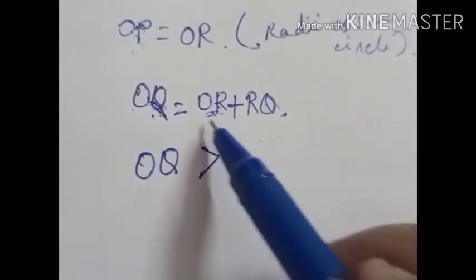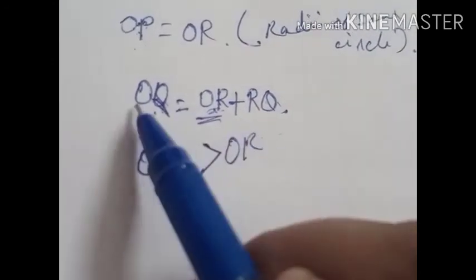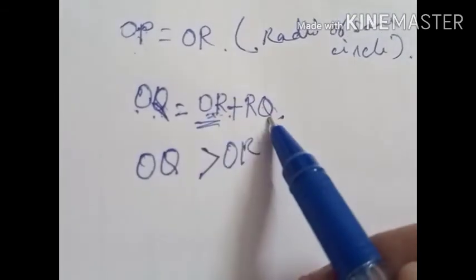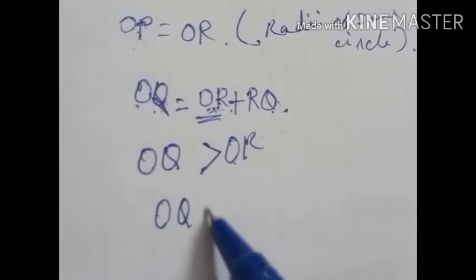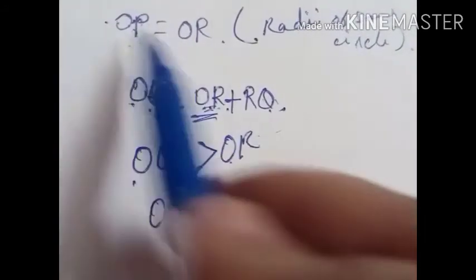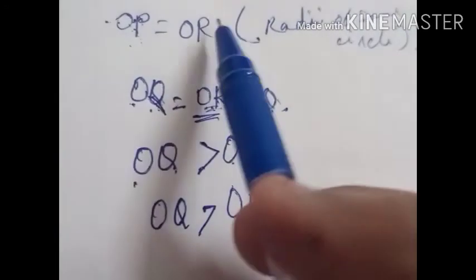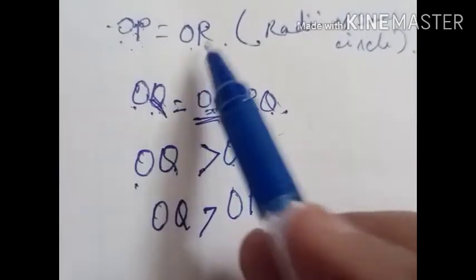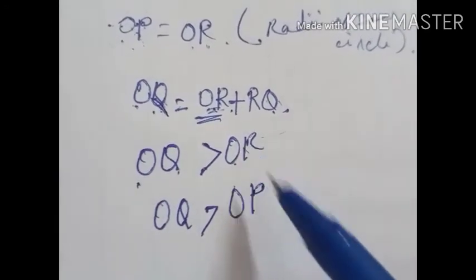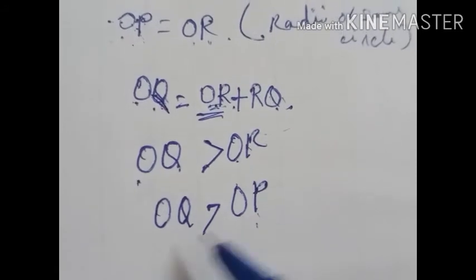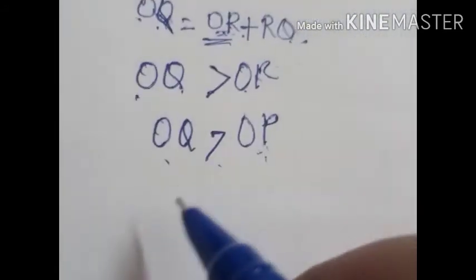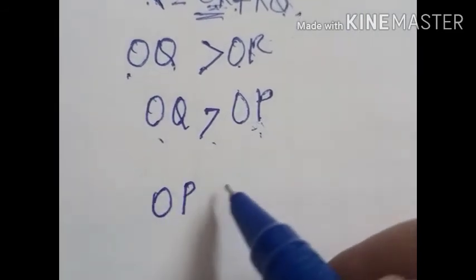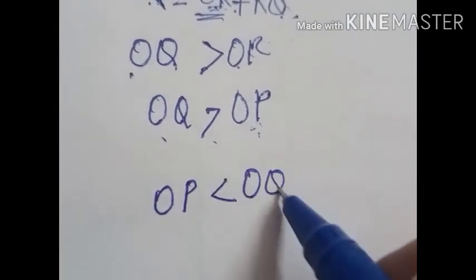So OQ is greater than OR, because OQ is OR plus a positive value. In the same way, OQ is greater than OP, because OR and OP are equal, so we can substitute OR as OP. So we got OQ is greater than OP, or in other words, OP is less than OQ.